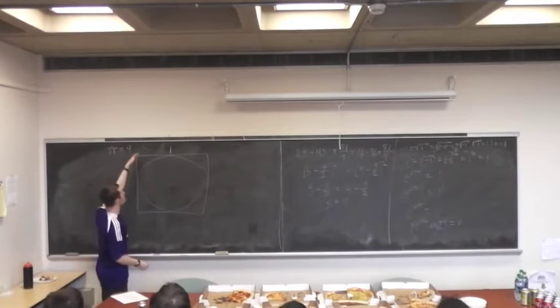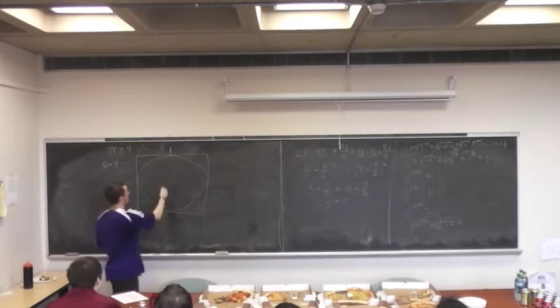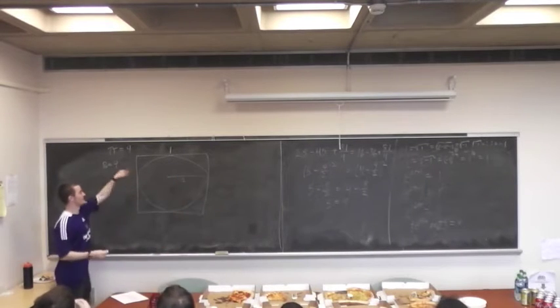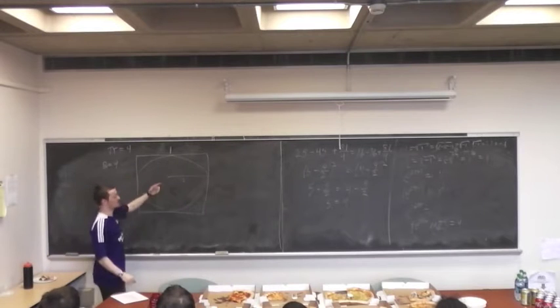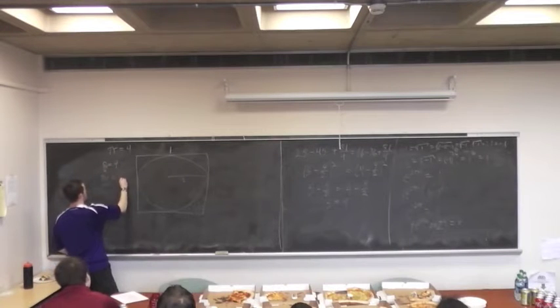All right, so we have the perimeter of the square. Perimeter equals 4, and we have a radius of 1/2. What's the outer perimeter of this circle? Pi.